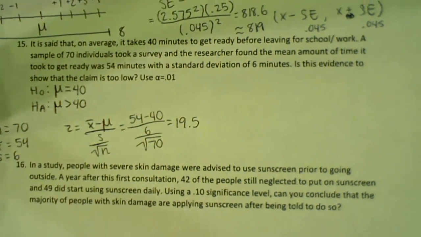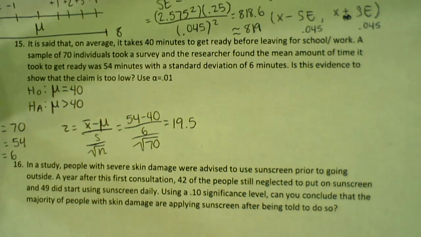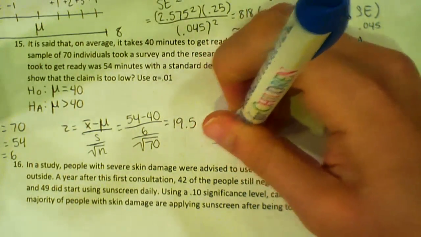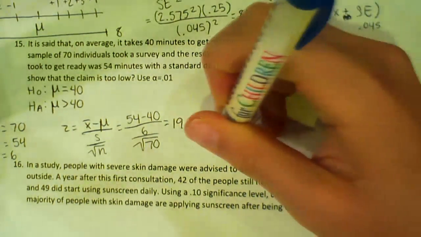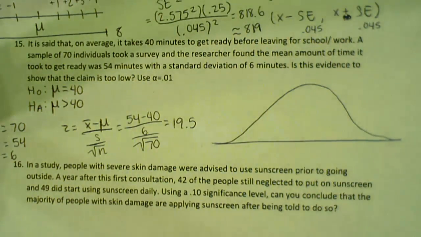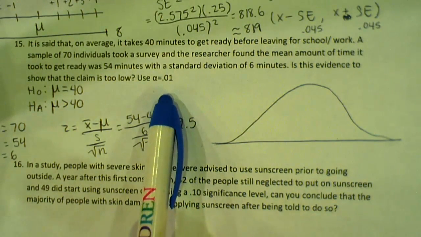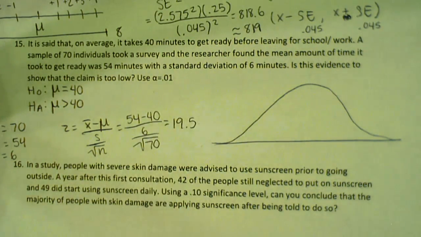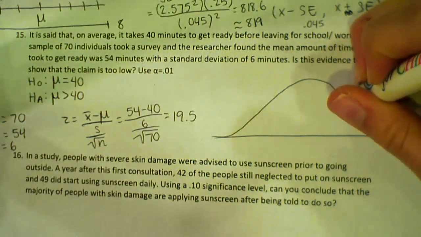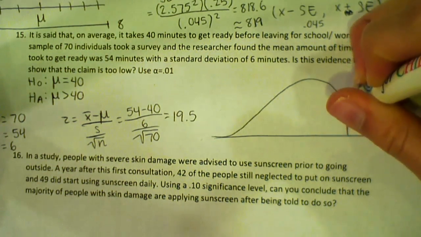So if we are to draw the distribution, it says that our alpha is 0.01. Now, which type of test are we doing? Upper tail? Yep. So it's going to be on the right. We're going to place our alpha on this right side.